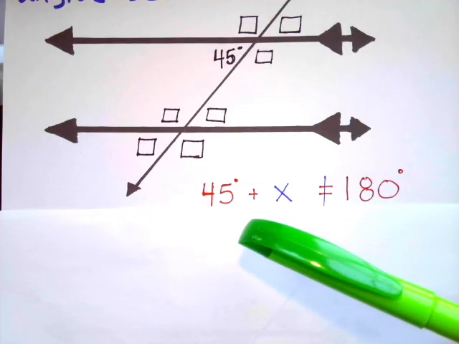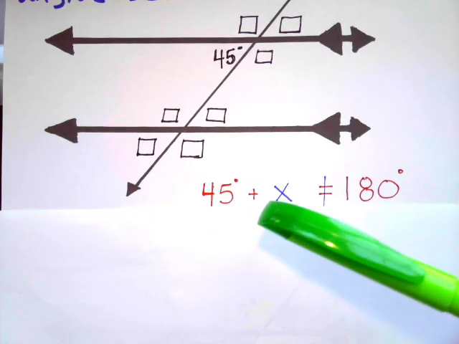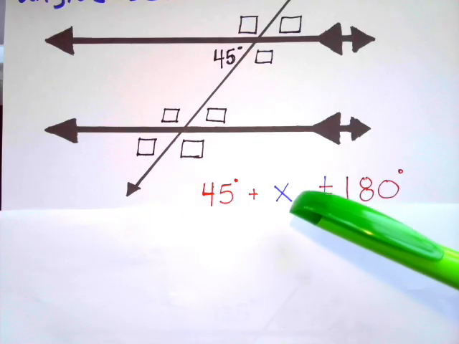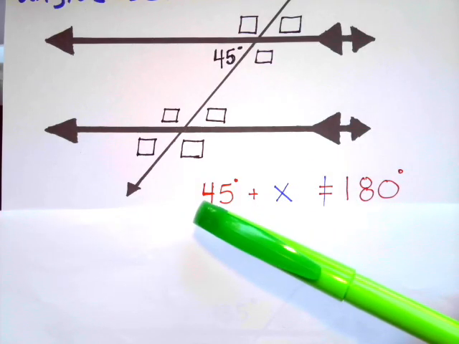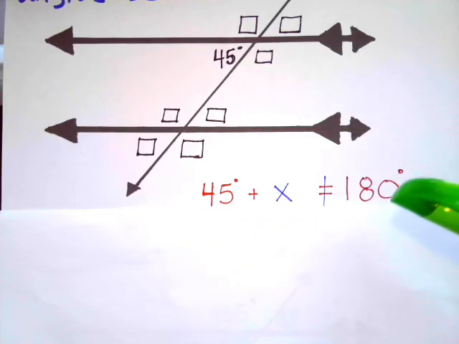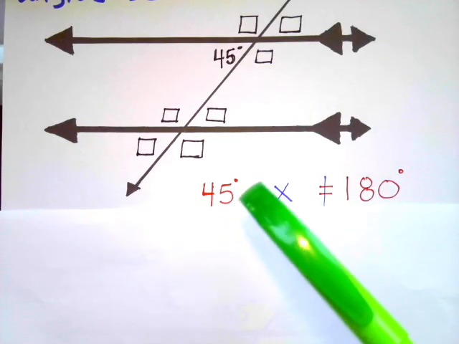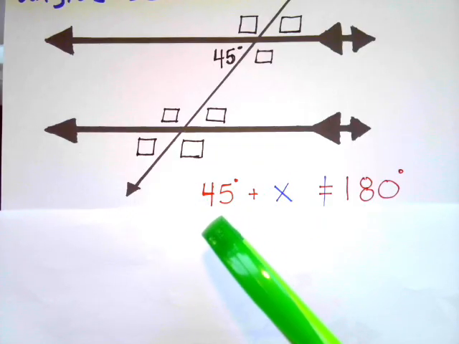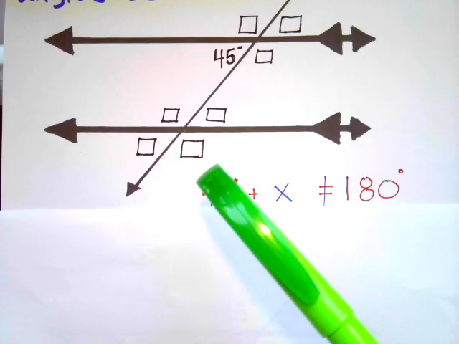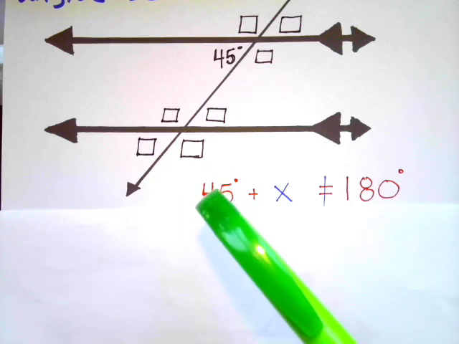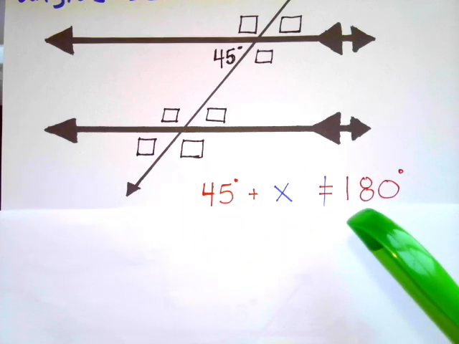If you're struggling with one-step equations, can you think of a number represented by x that you would add to 45 that would give you 180 after you add those numbers together? That's all that x represents. Algebraically, I'll do the opposite of a positive 45 because my goal is to get x all by itself. I'm trying to solve for x to determine the value. You're going to subtract 45 from both sides.